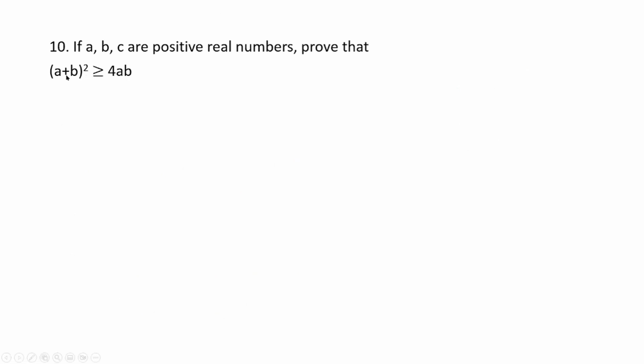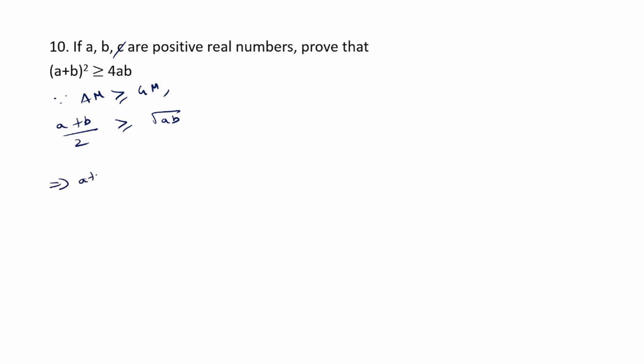Now moving on, if a, b, c are positive real numbers, prove that a plus b the whole square is greater than or equal to 4ab. Here there is no c, maybe there is. So here a plus b the whole square should be greater than or equal to 4ab. Since a and b are positive real numbers, we have a plus b by 2 greater than or equal to root ab, since arithmetic mean is greater than or equal to geometric mean.